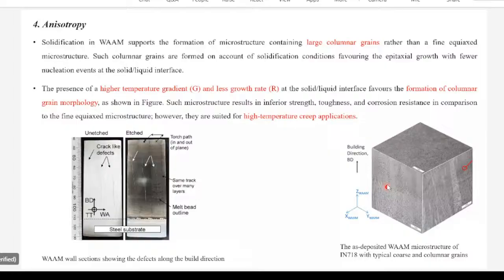The presence of a higher temperature gradient and less growth rate at the solid liquid interface favors the formation of columnar grain morphology, as shown in the figure. You can see the columnar grains here. That's how the properties can change. We can manage anisotropy by making a homogeneous material. If we are able to make a homogeneous material, then anisotropy will be reduced. That we want also.